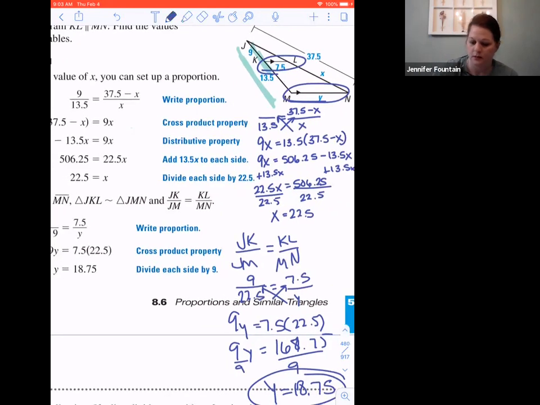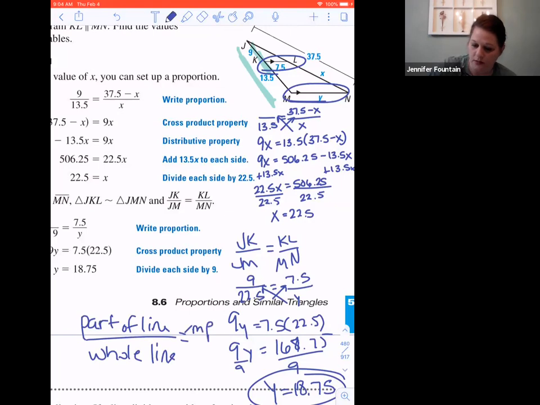So part of line over whole line is equal to small parallel over large parallel.